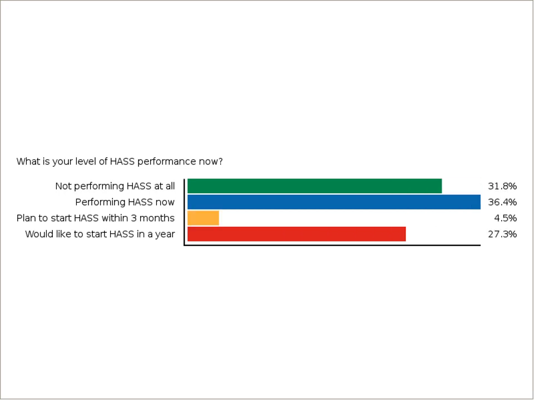We have about 45 seconds to get clicked in here, and then we'll show you all the results of the poll. This will help me understand how many folks are actively doing HASS, how many of them are planning to start HASS soon, would like to get it started.